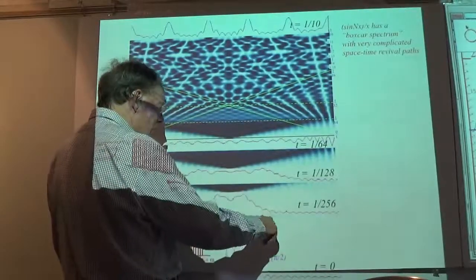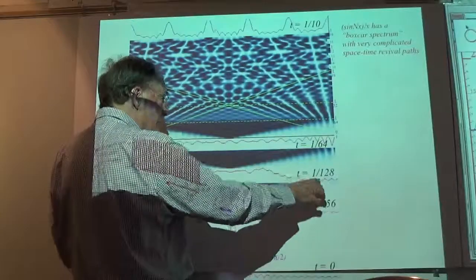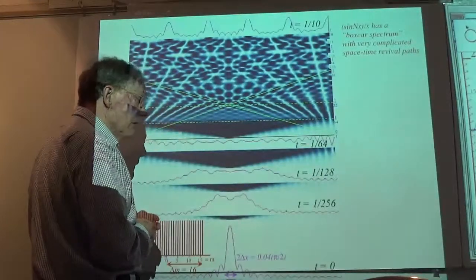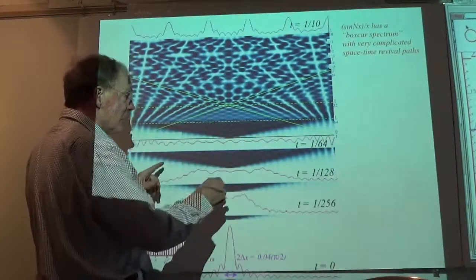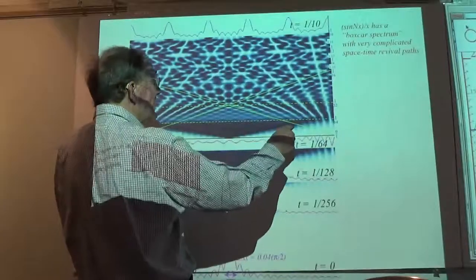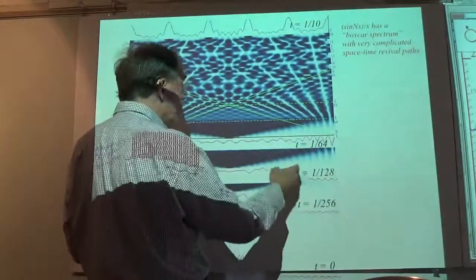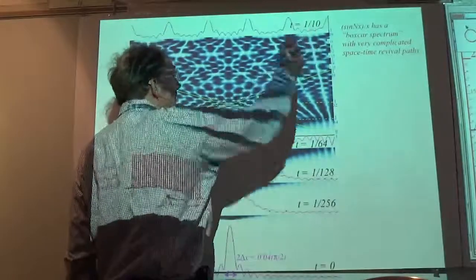There's a shock wave coming out there. You can see the shock wave lines going at 128th of the fundamental frequency, which is 1 here. And then at 1/64th of that period, you see that. And I'm actually showing this thing all the way up to t equal to 1/10.